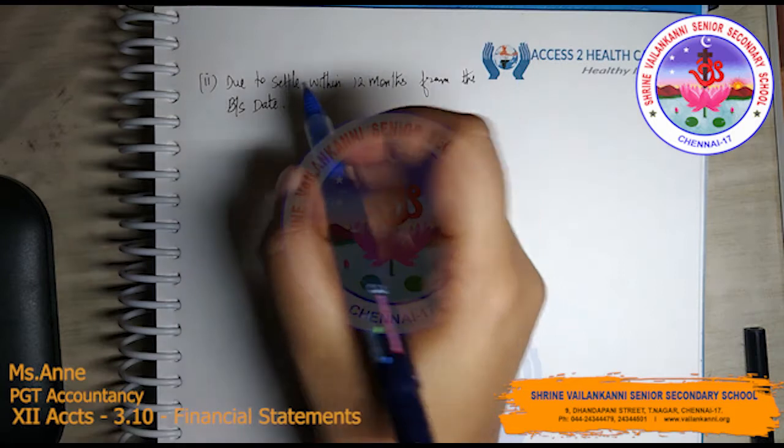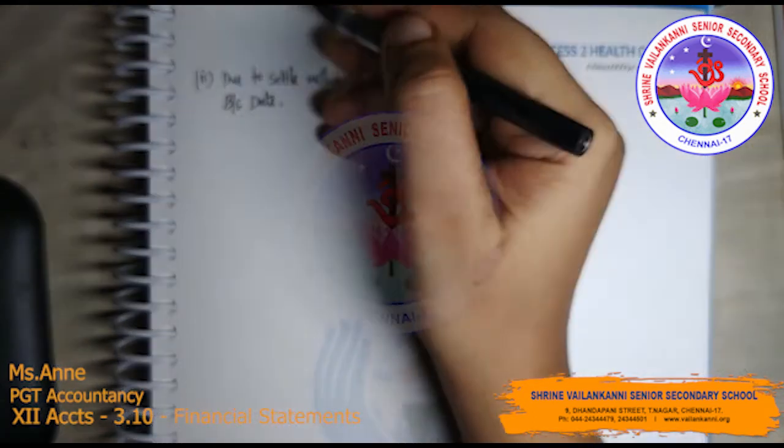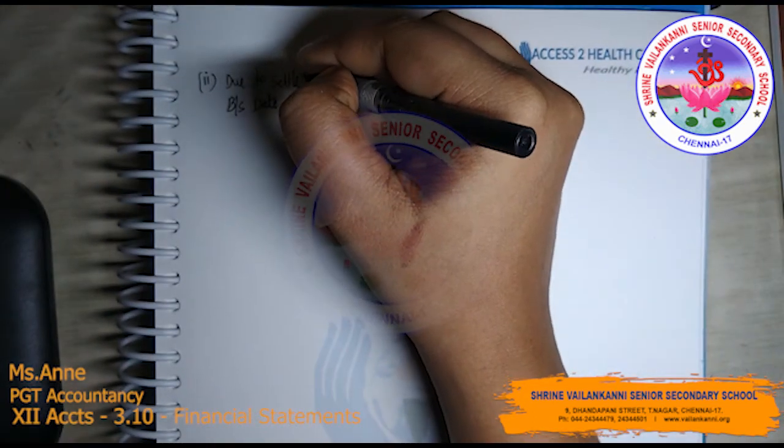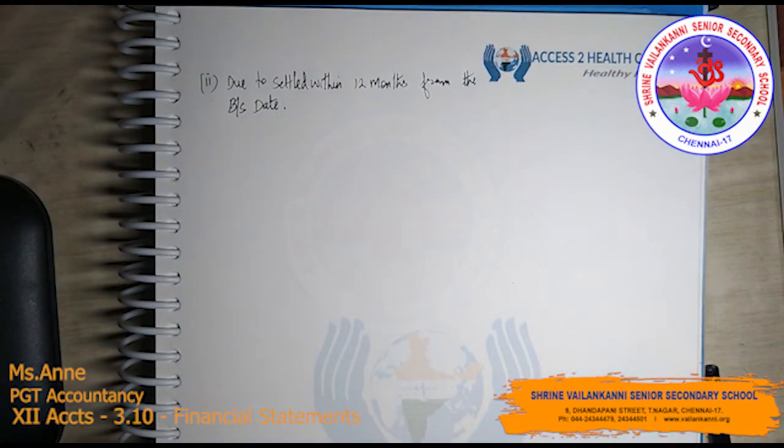The second criteria that we are going to see is due to be settled within 12 months from the balance sheet date.